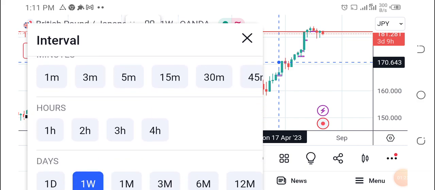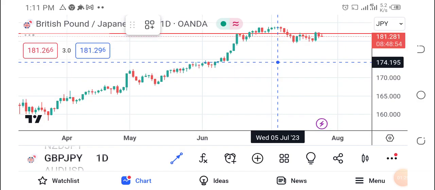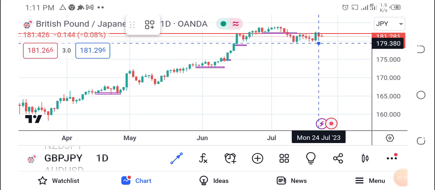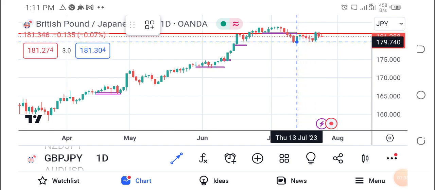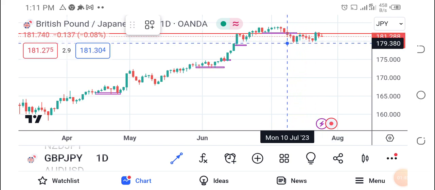We'll also scale down to our daily time frame to further see what the market is telling us. It's normally best to begin your analysis using a higher time frame so that you get a bigger picture of the market. It helps you see the overall picture and structure of the market.